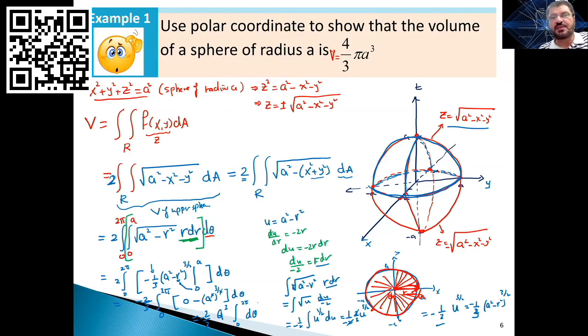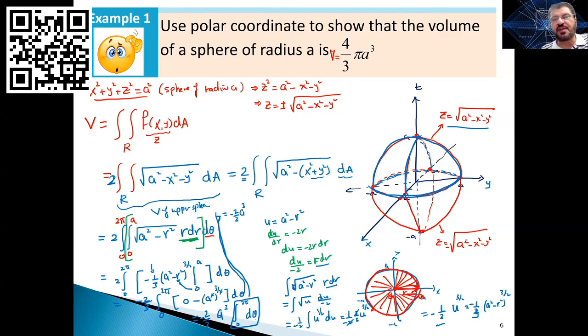Now, what's the integration of d theta? It's equal to theta, isn't it? So I will take this one here a little bit up. So this one is equal to minus 2/3 a cubed.